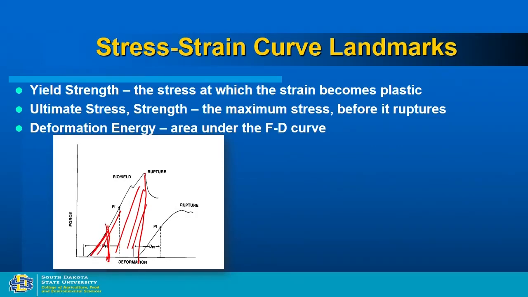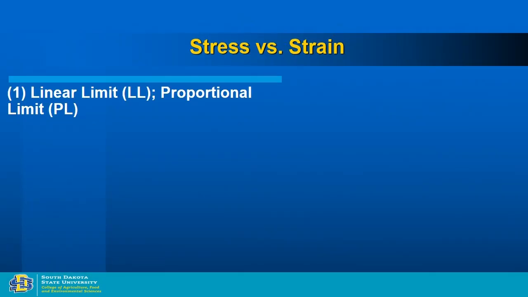All the samples will experience a small amount of linear limit. That's what I have listed here, the proportional limit. In this limit, loading and unloading will follow the same curve, and that's why it's called the linear limit.